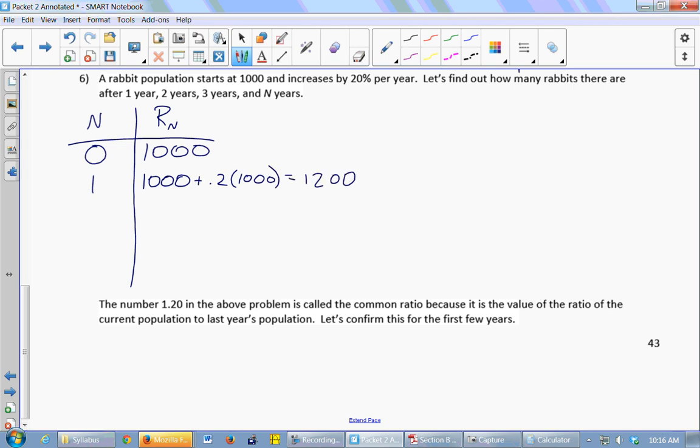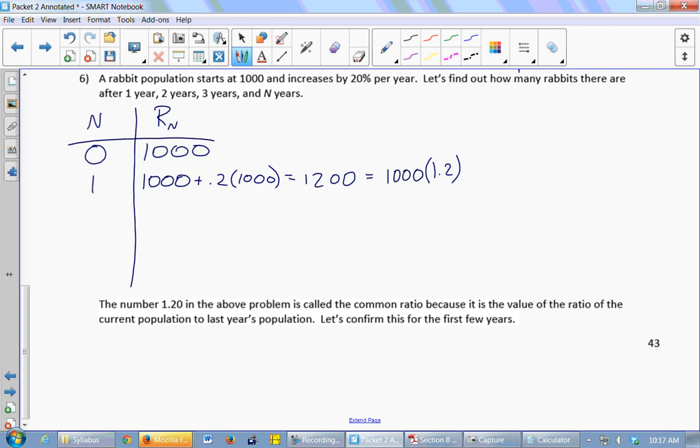A quick shortcut for increasing a number by 20%, instead of having to do 2 steps where you multiply by 20% and then add it to the original, you could just start with your 1,000 and multiply it by 1.2. Right? The 1 means keep 100% of what you have, and the 0.2 means add an additional 20%. Okay, so 1,000 times 1.2 also gives you the 1,200.